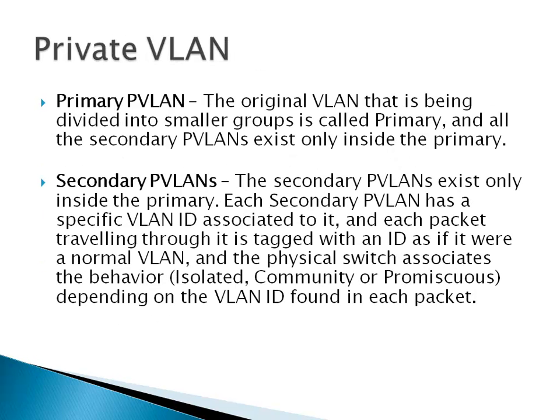And the private VLAN. The private VLAN has a primary VLAN and a secondary VLAN. The primary VLAN is the placeholder for smaller groups, and the secondary VLANs are the smaller groups within a primary private VLAN.